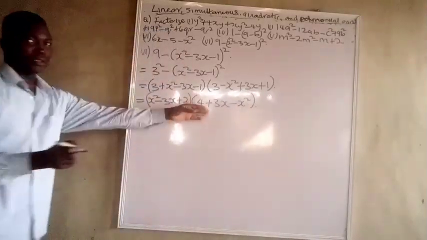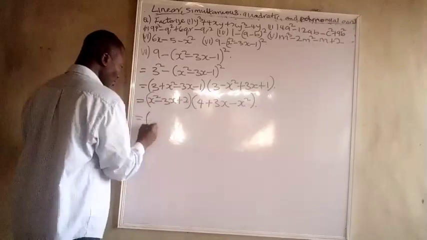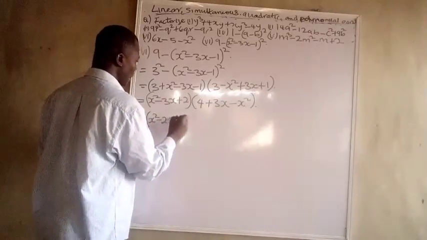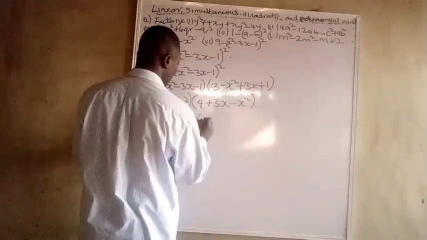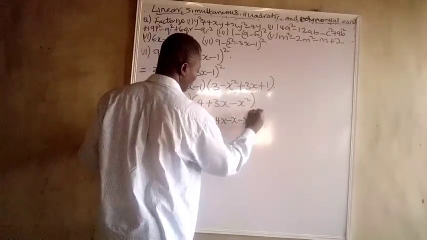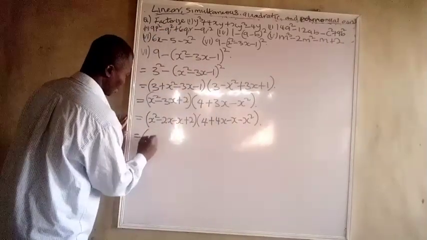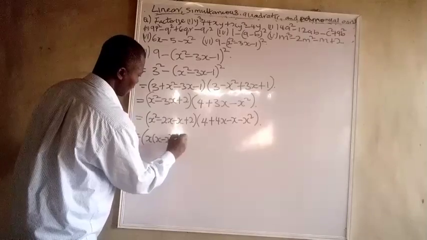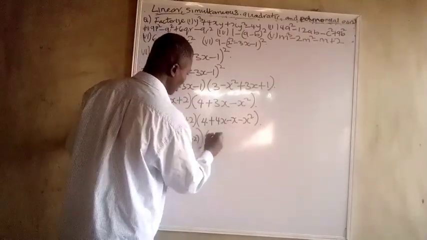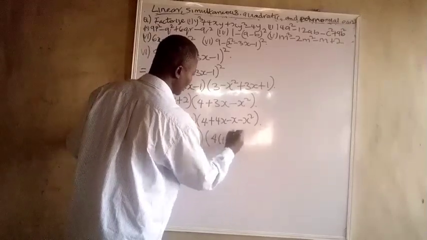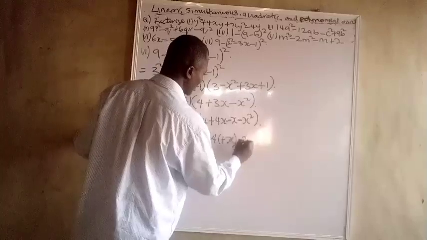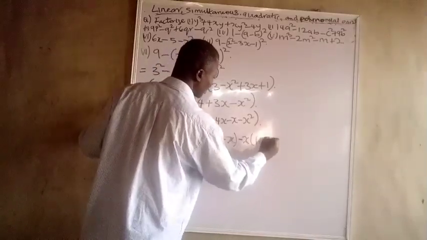Now let's factorize each quadratic equation. So this one is going to give us x squared minus 2x minus x plus 2. This will give us 4 plus 4x minus x squared. So this is going to give us x into x minus 2 minus 1 into x minus 2. And this one is going to give us 4 into 1 plus x minus x into 1 plus x.